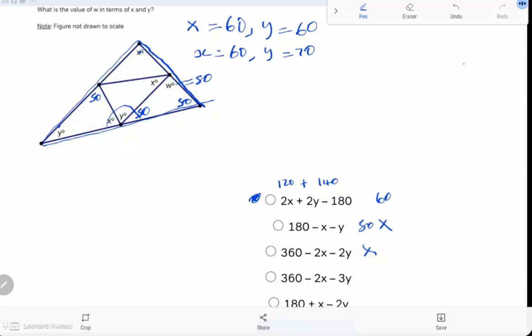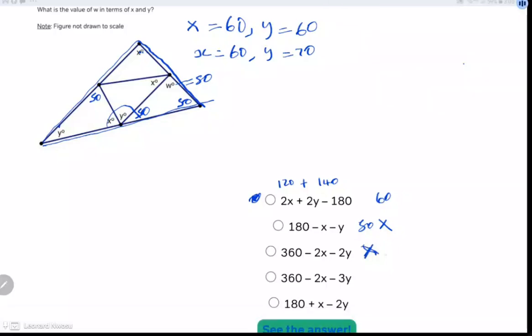360 minus 2s minus 2y. That is 360 minus 120, that's 240. 240 minus 140 is 100. But that will not give us 80. Remember, we are looking for 80. It will not give us 80.